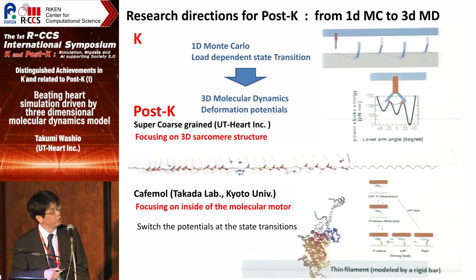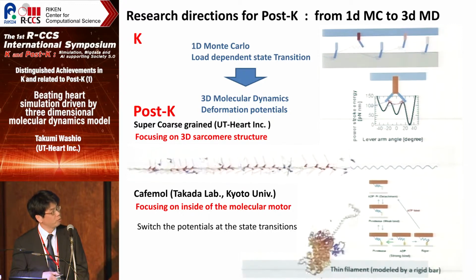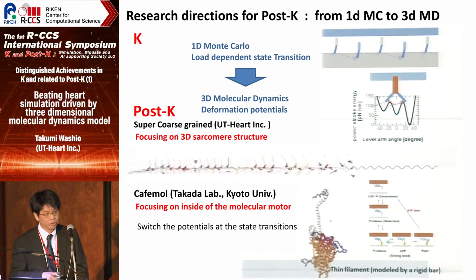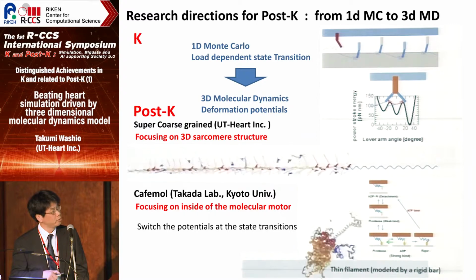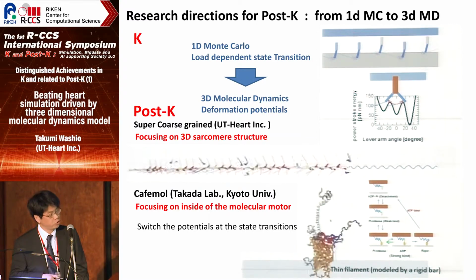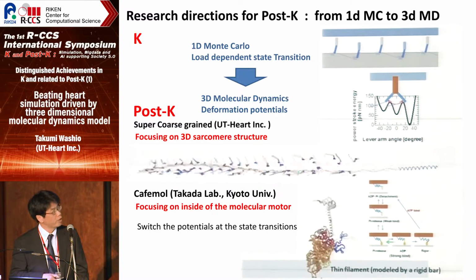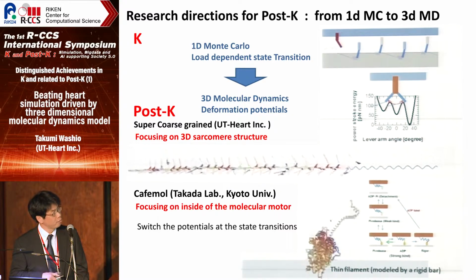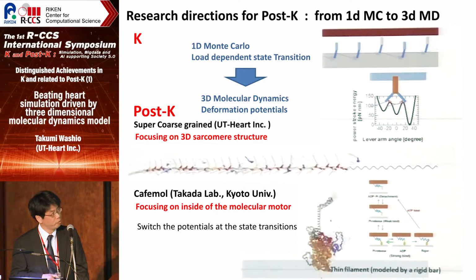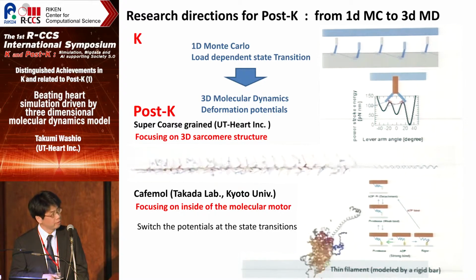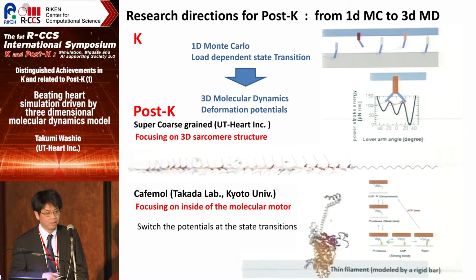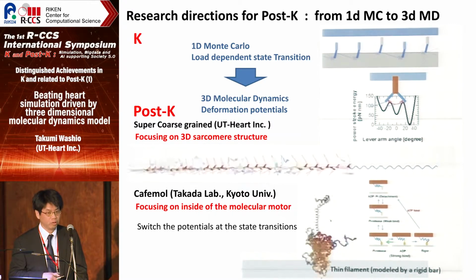Instead of Monte Carlo, we apply a potential profile for lever arm swing, and the depths of wells and barriers directly control the lever arm swing of this molecule. In this animation, we reproduce the spontaneous oscillation by our models, where this spontaneous oscillation arises from an avalanche of reversal power strokes. I think this is a very important cooperative property of molecular motors to realize very quick relaxation of cardiac muscles.